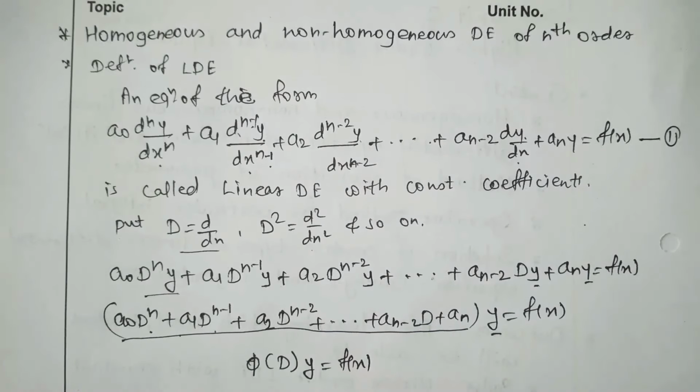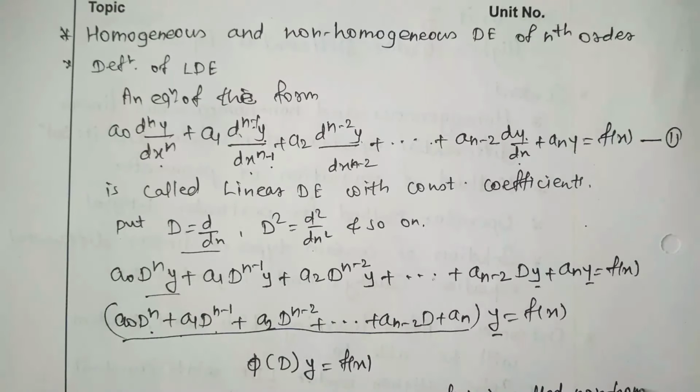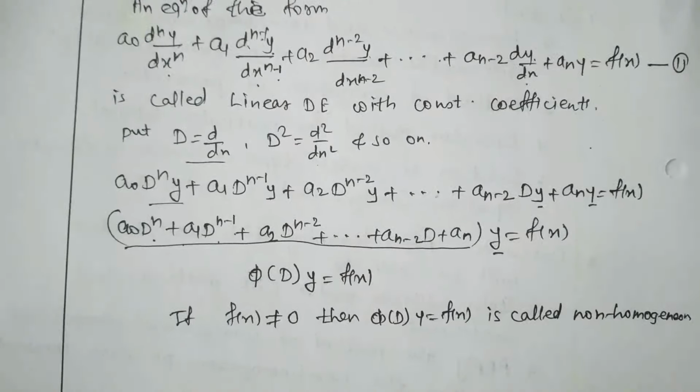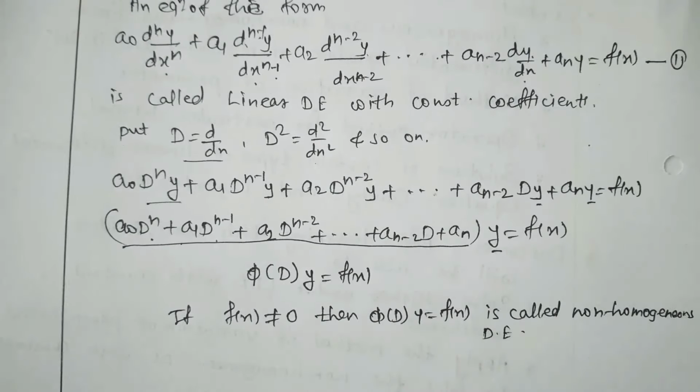Now in this, if the value of f of x is not equal to 0, then phi of D into y is equal to f of x is called a non-homogeneous differential equation.